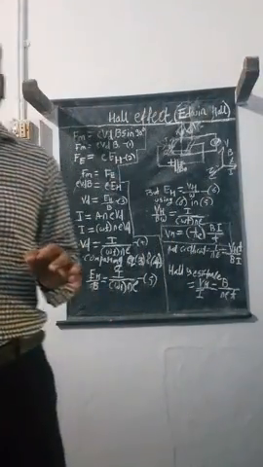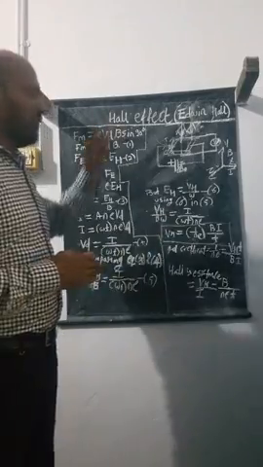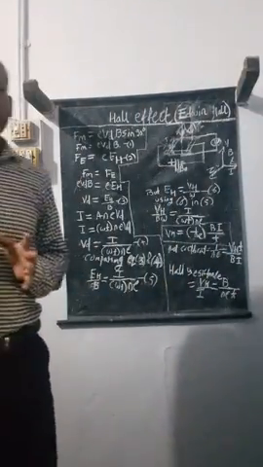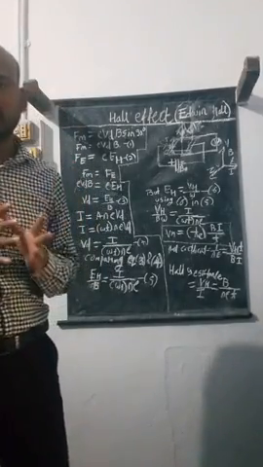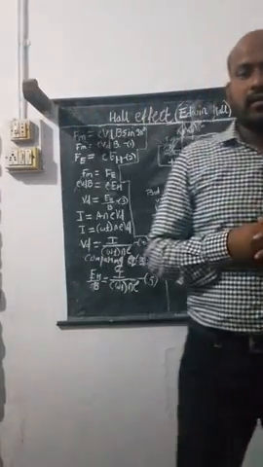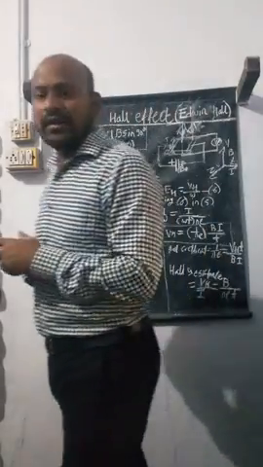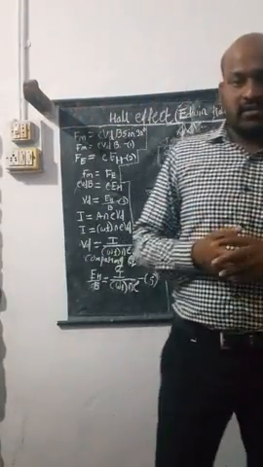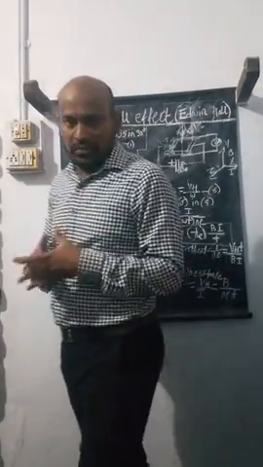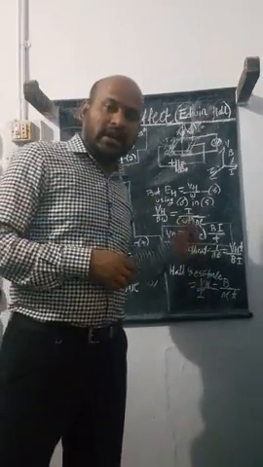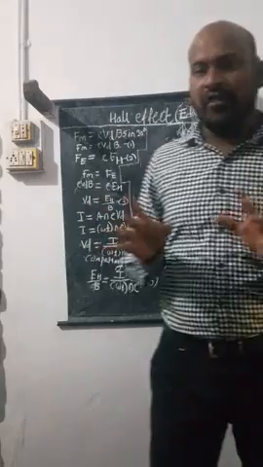Edwin Hall discovered the Hall effect in 1879. According to his statement, or principle, if a magnetic field is applied perpendicular to a current carrying conductor, a voltage or potential difference is developed perpendicular to both the current and the magnetic field.